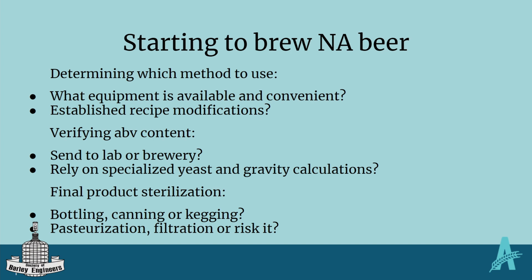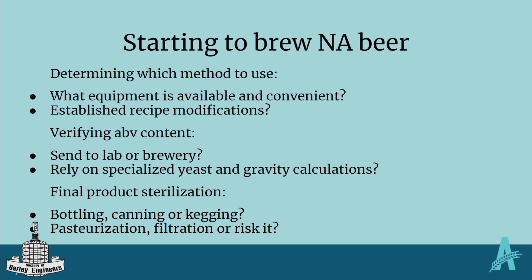Same thing with verifying ABV. A big part of this is making sure that we're meeting specifications. So how are you going to verify that? A lot of people will send it to a lab, or if you have friends at a brewery, they can do that.